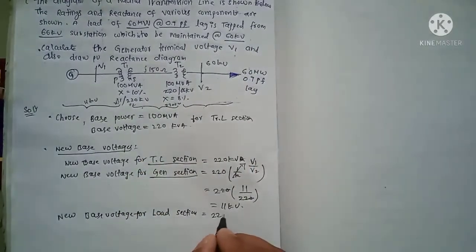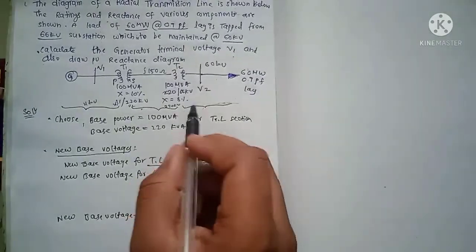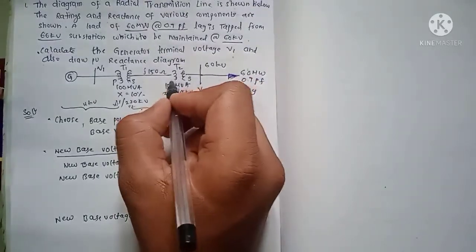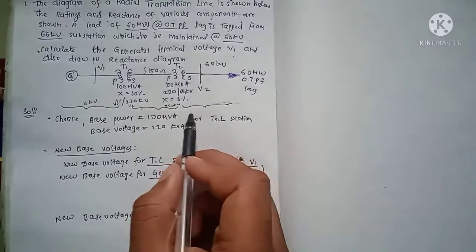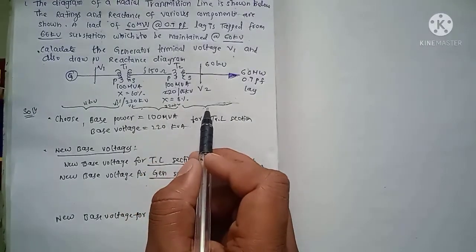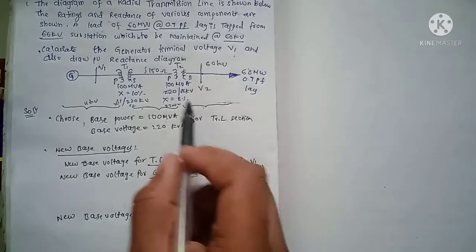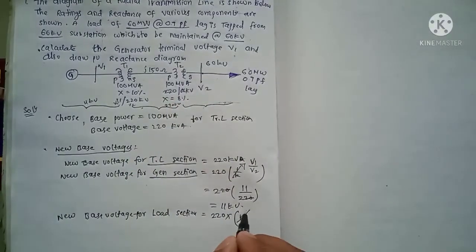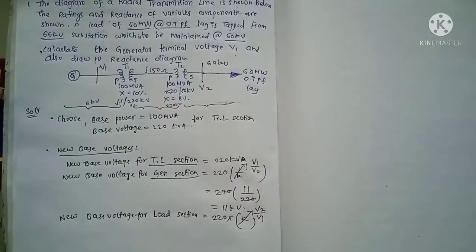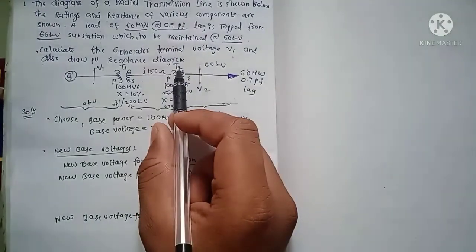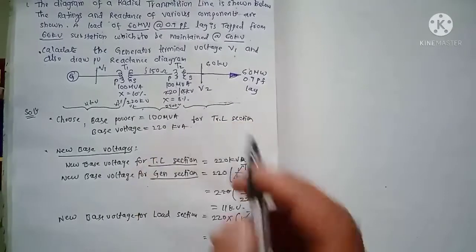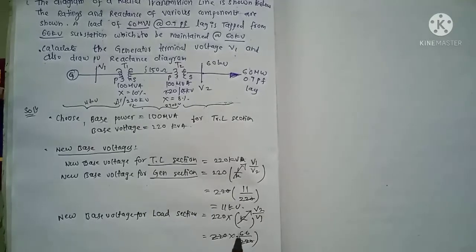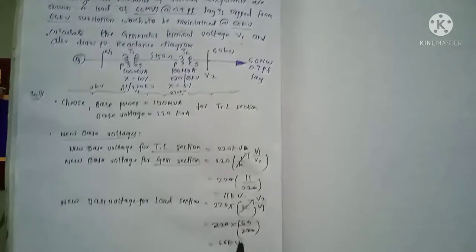Previous section voltage is 220 multiplied by k. Since the load is connected to the secondary side of T2, we are moving from the transmission line section to the load section, which implies primary to secondary, multiplied by k, and k is V2 by V1 of the T2 transformer, which is 66 by 220. 220 gets cancelled, and we are left with 66 kilovolt.